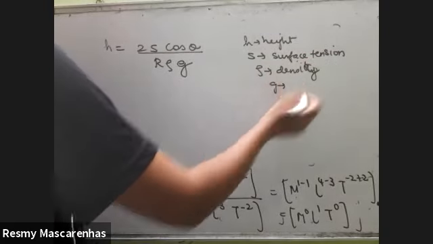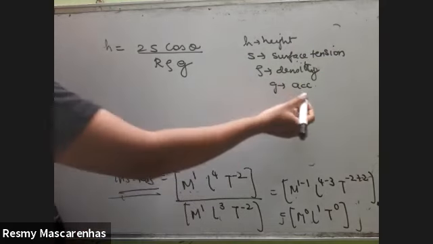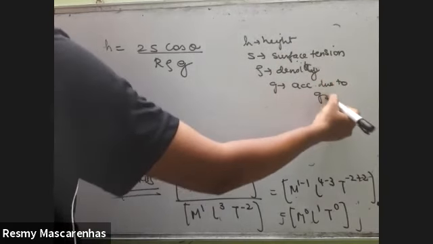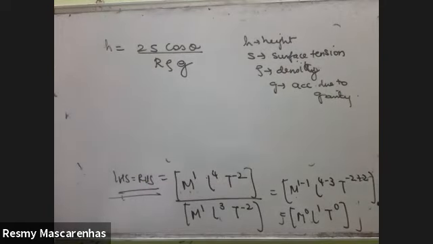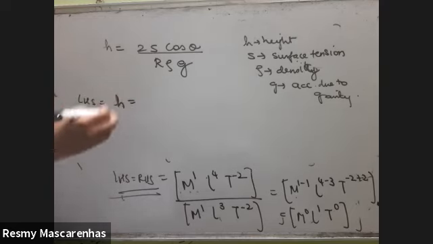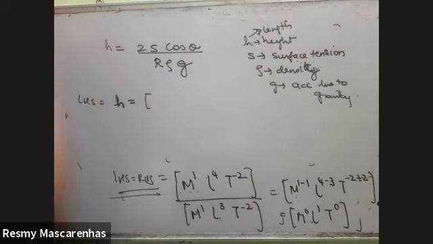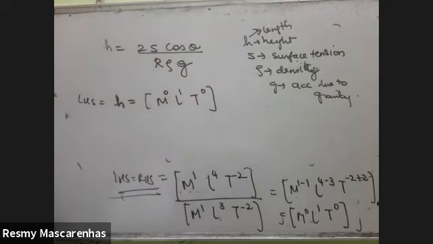And G is acceleration due to gravity. Sometimes they may give you only gravity also, but you should understand it is acceleration due to gravity. So H is the left hand side. Height means length. And L T, this will be 0.